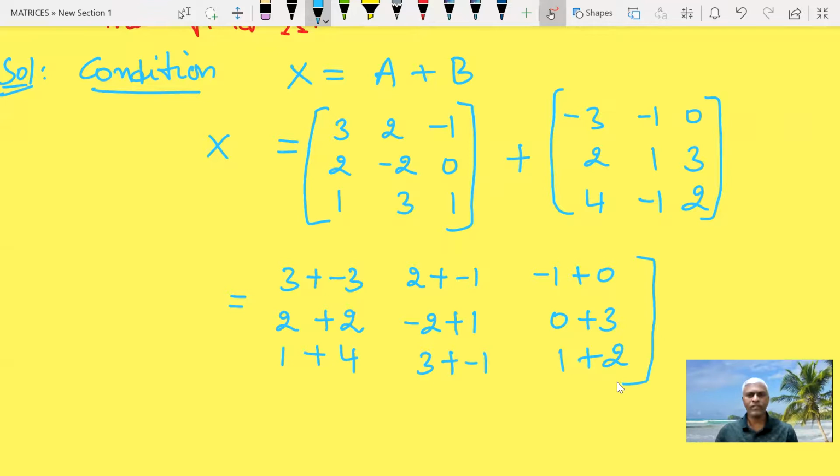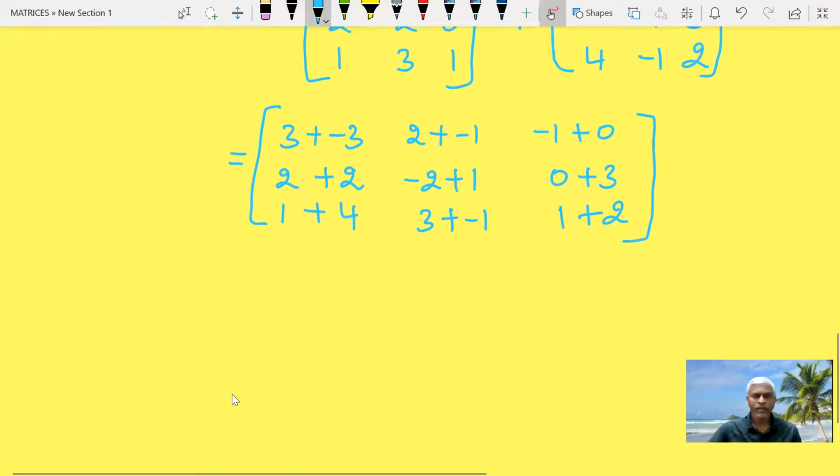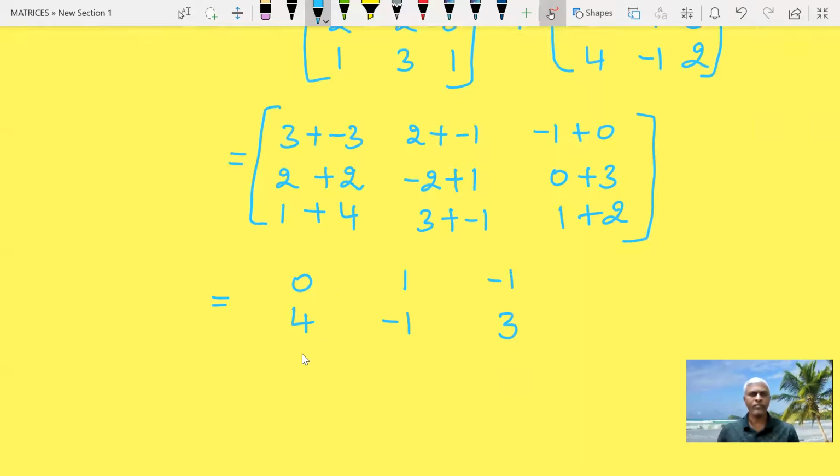So this is the addition, whether it is 2 by 2, 2 by 3, 3 by 3, we have to add corresponding elements. 3 minus 3, 0. 2 minus 1, 1. -1, 0 is -1. 2 plus 2, 4. -2 plus 1, -1. 0 plus 3, 3. 1 plus 4, 5. 3 minus 1, 2. 1 plus 2 is 3.